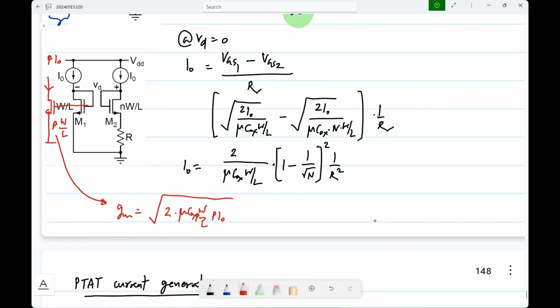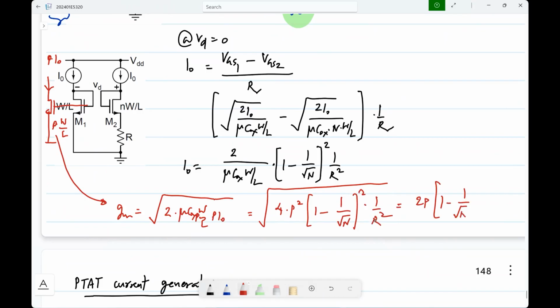Okay. So now you can see I naught has mu Cox W by L in the denominator, so it cancels out completely. Okay. So this will turn out to be, basically, something like 4 by R square. Okay. Right, again all the temperature dependence has gone away except for R.